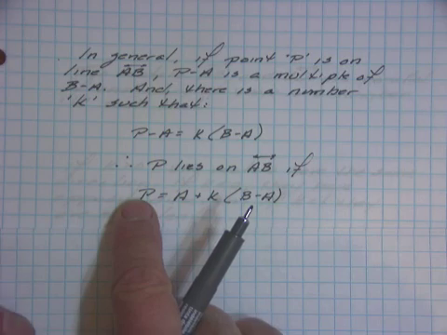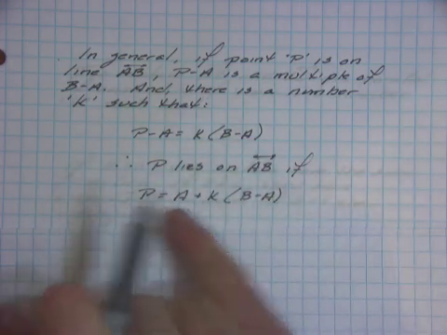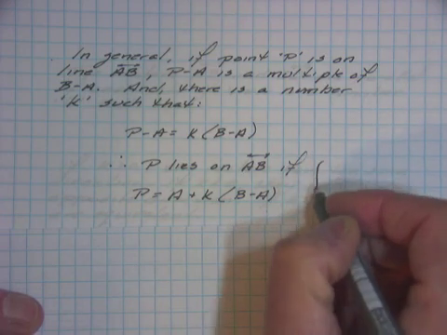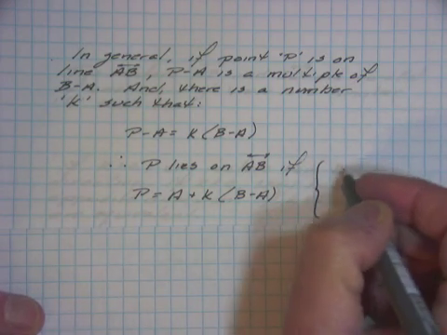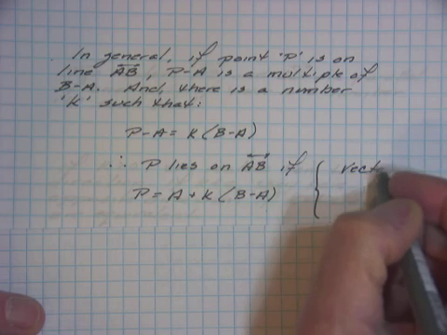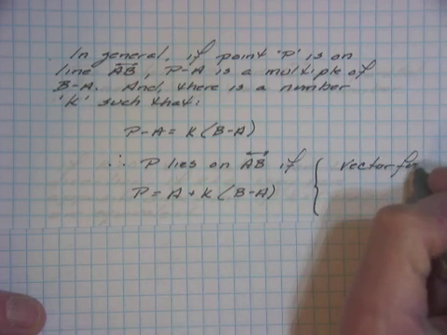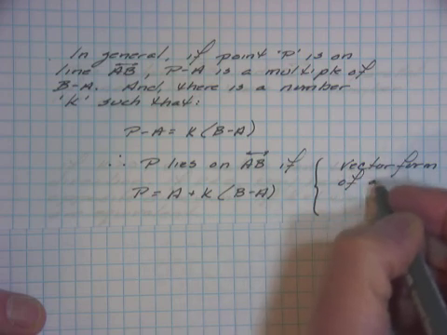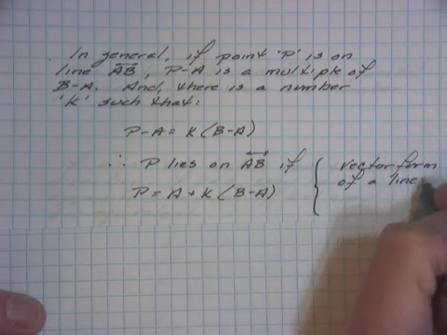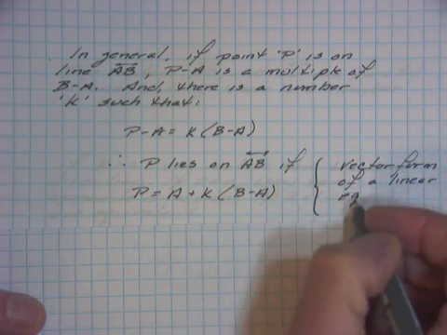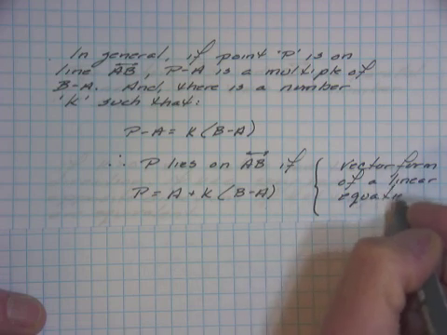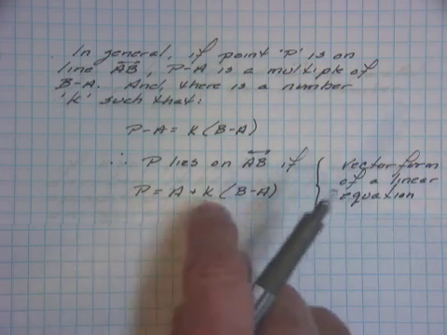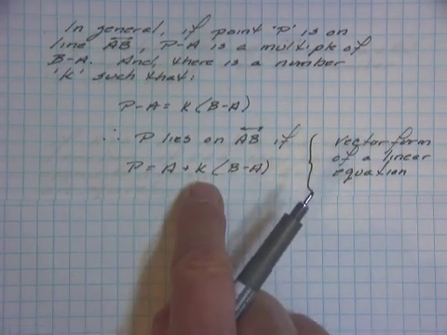So now if you think, how did I go from that to that? See how that's minus A? I just added A to both sides. Okay? This point P lies on the line AB if all of it fits into this equation. And that right there is the vector form of a linear equation.